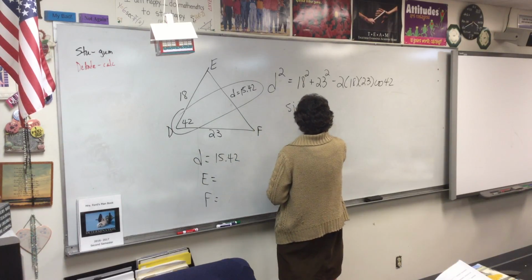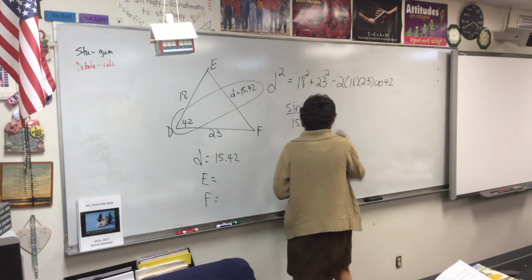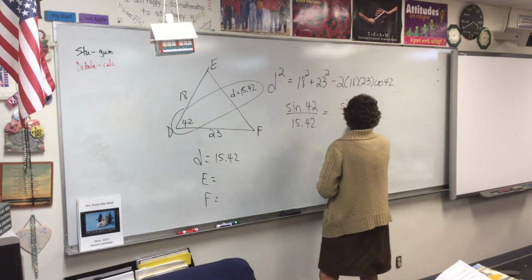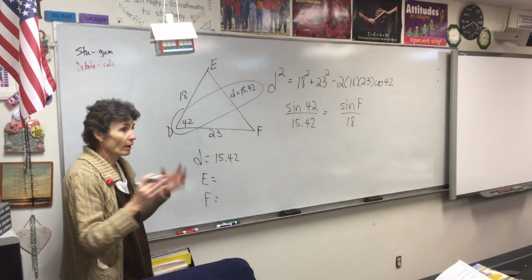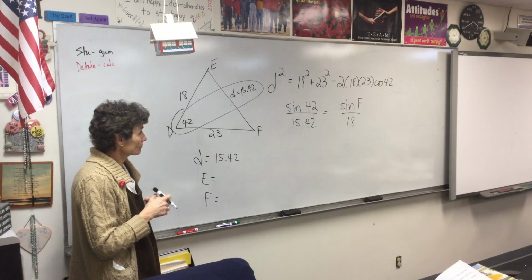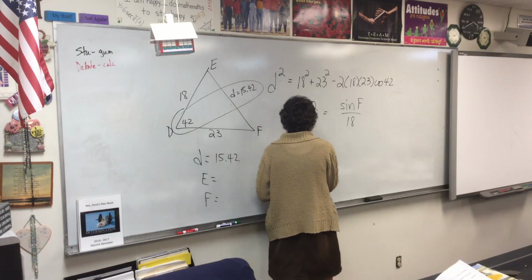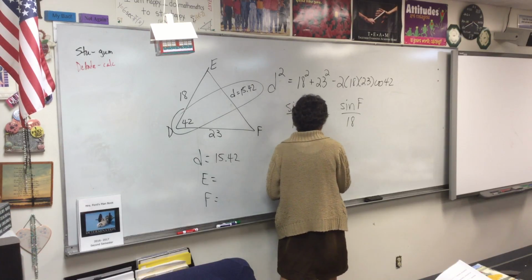Sine 42 over 15.42 equals sine F over 23, and you can pick it, I'm just picking F. You can pick E, it doesn't matter. Pick one of them. So then we're going to do our cross multiply stuff.